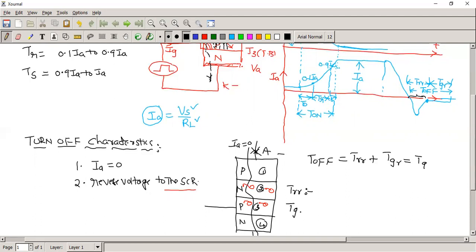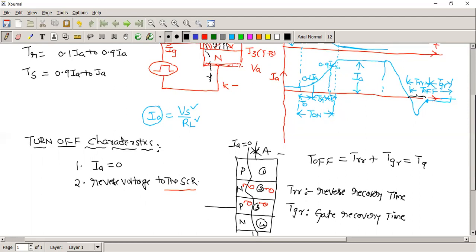Now, how are we going to define this TGR? It is the gate recovery time. This is the gate recovery time, and this is the reverse recovery time. Already we've seen what physically happens in the reverse recovery time.